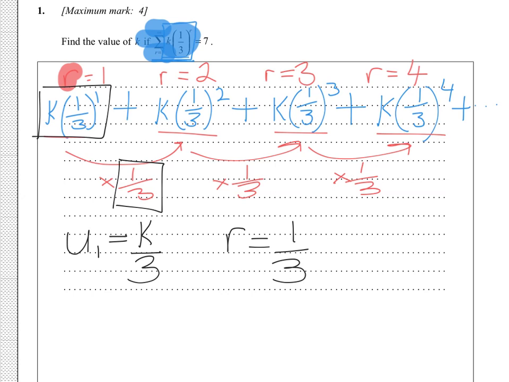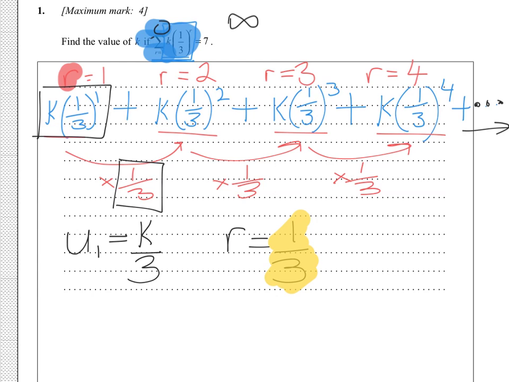And the sum that we're evaluating is the sum to infinity. So this sequence is going on forever. And that's okay, because r is less than 1 and bigger than minus 1. So we can evaluate it. r is only a third.